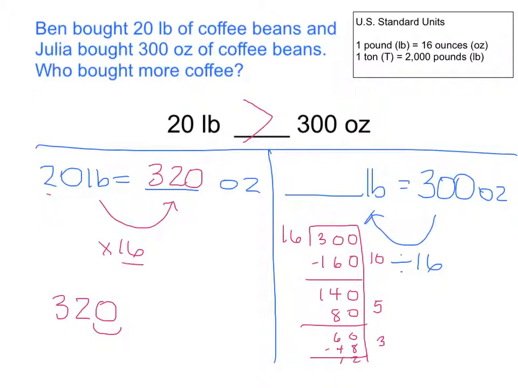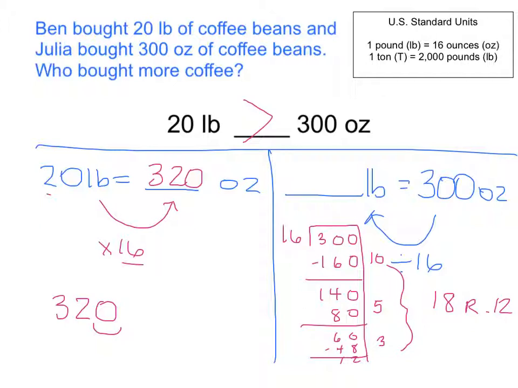So I just solved 300 divided by 16, and now I can see that I have a total here of 18 and a remainder of 12. What that means is that 300 ounces equals 18 pounds, and there's a leftover 12 ounces.